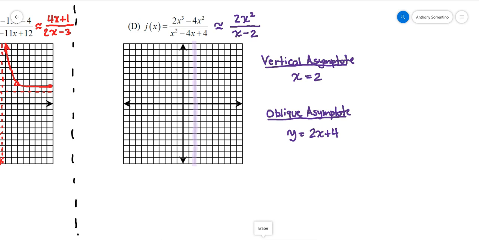The oblique asymptote is y equals 2x plus 4. So I have to imagine going through my process of graphing. It might not be showing up super well, but here's generally where the asymptote is for that. That's the oblique asymptote.